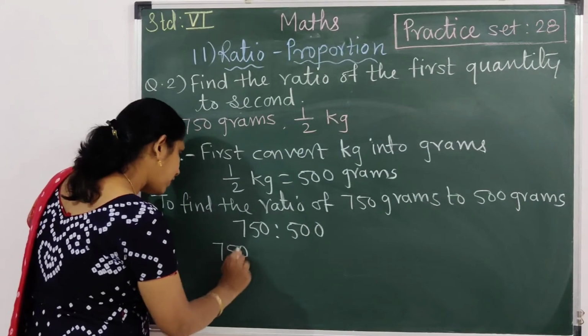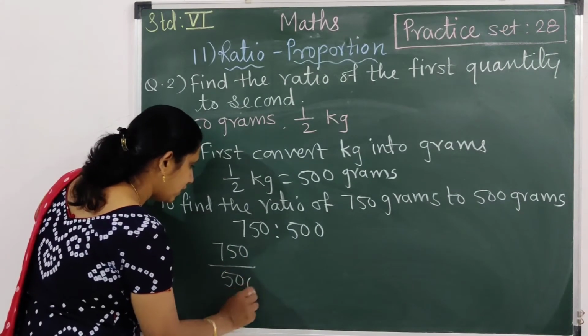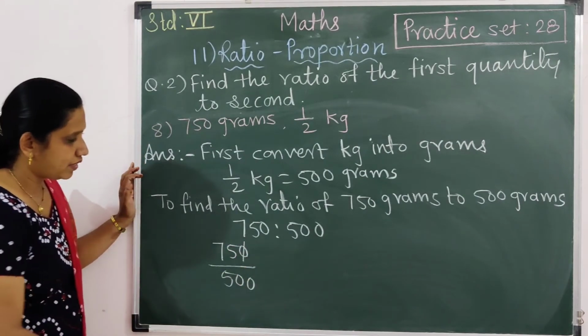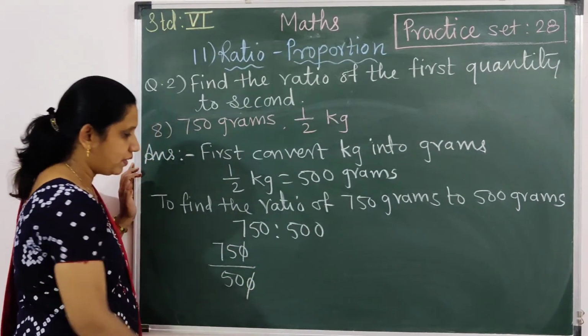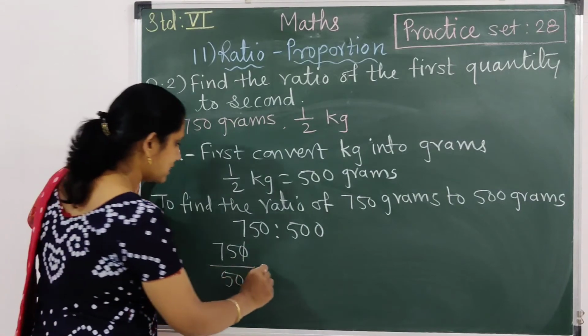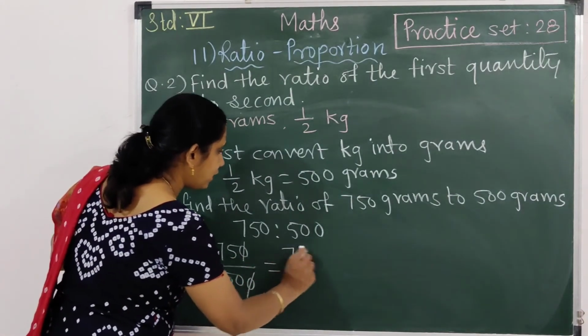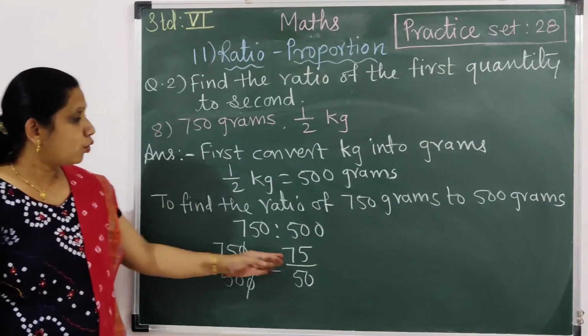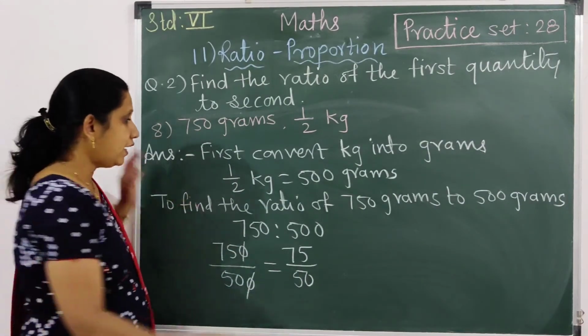So 750 divided by 500. Okay. So unit place digit in the numerator is 0 as well as in the denominator it is 0. Both get cancelled. So what remains? 75 upon 50. Yes children, both the numbers are divisible by 25.